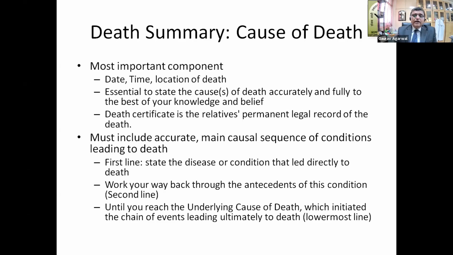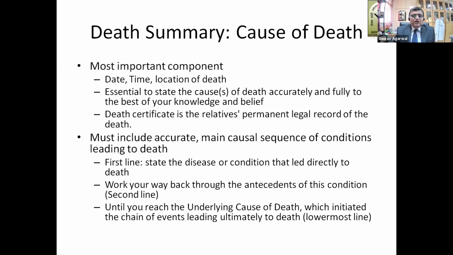It must include the main causal sequence of conditions leading to death. All certificates are now made on a format or a proforma. The first line of that proforma under the cause of death has to record the disease or condition that led directly to death.